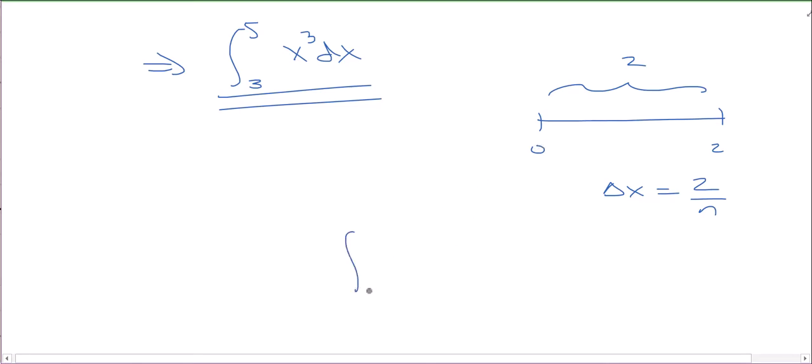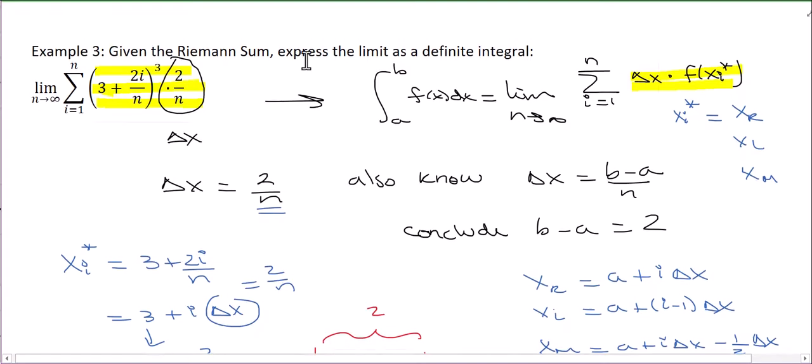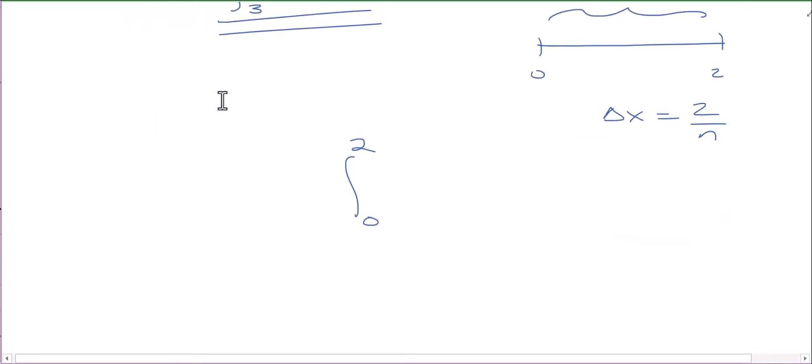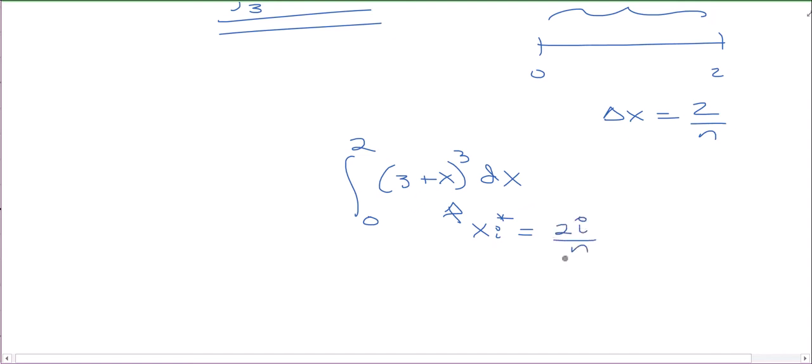Now you have to go from 0 to 2, and so my function, instead of being x cubed, is going to be 3 plus x quantity cubed dx, so that your x sub i star can be just replaced by 2i over n, still the right endpoint.